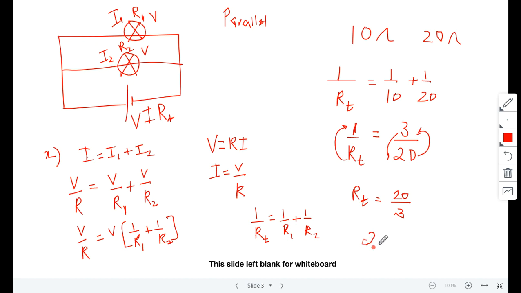When two resistors 20 ohms and 60 ohms are connected in parallel circuit, first write this down and then solve it.